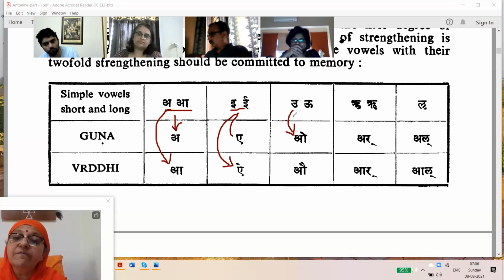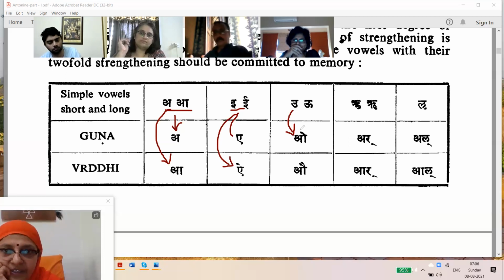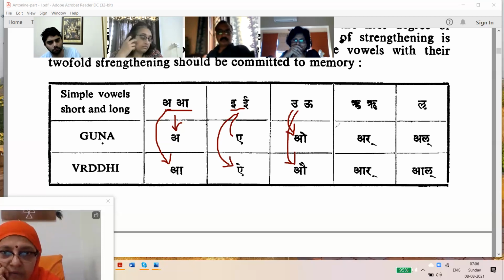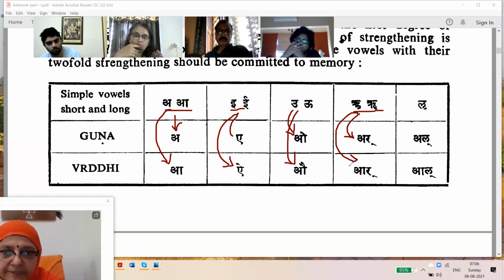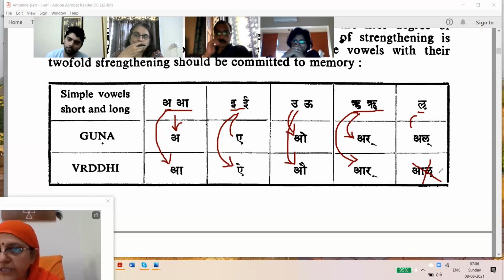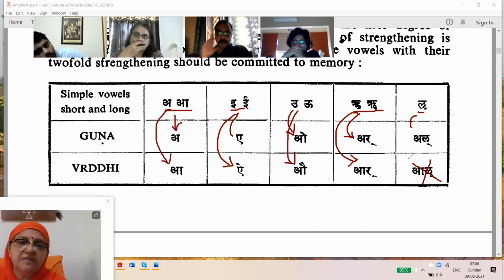You are comfortable while reading this; that's why I have done vowel sandhi first. And vruddhi of u and uu is au. Guna of r and r-long is ar. And vruddhi of r and r-long is aar. Guna of l, al. Even though they have written it, there is no al in the Sanskrit language.